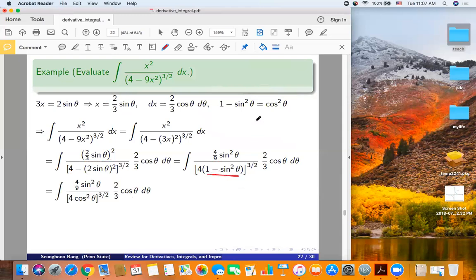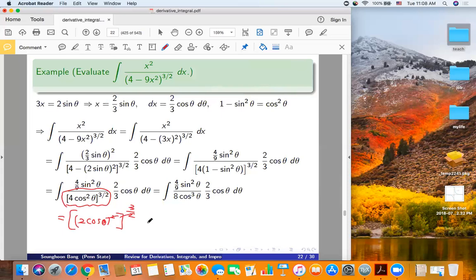1 minus sine squared is cosine squared. You plug that in here. Do we have it? Next, simplify. What's the bottom one? The bottom one is exactly the same: 4 is 2, cosine theta squared, so it is 4 cosine squared to the power 3 over 2.